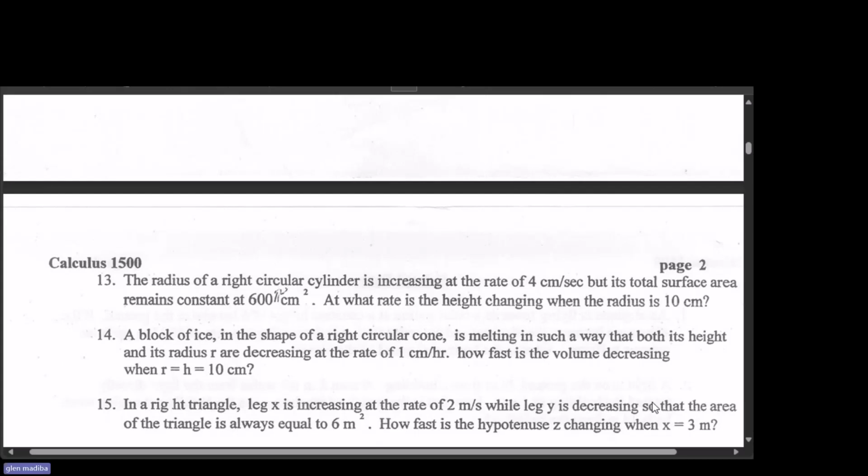So, xy equals 12. The derivative of 12 is 0. I agree with you because it's a constant.